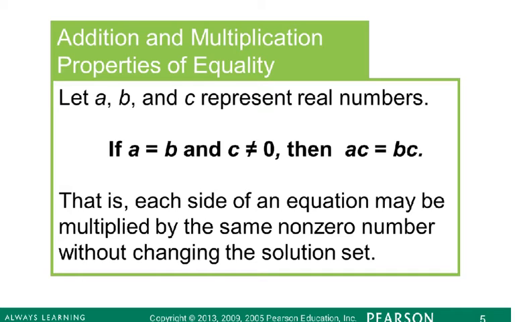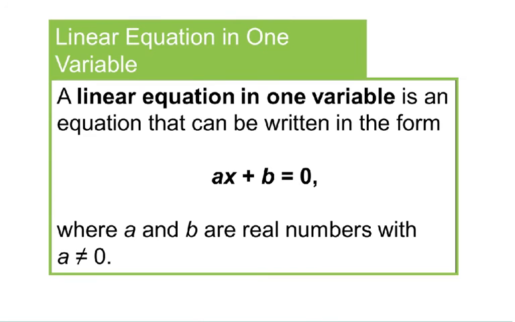The multiplication property of equality means we're going to multiply the same number on both sides of the equation, and this encompasses the division property too. So the multiplication and division property of equality means we're multiplying or dividing both sides of the equation by the same number, and we use these properties in solving our equations.